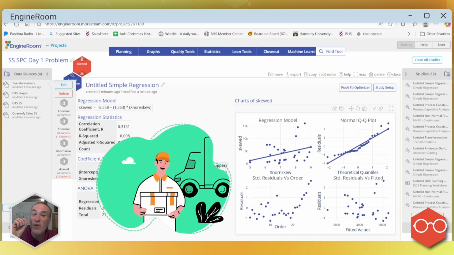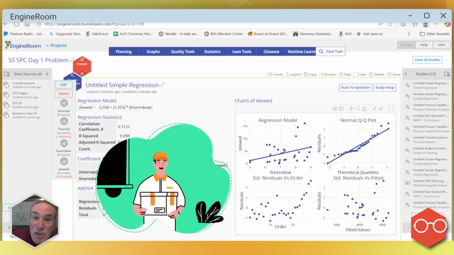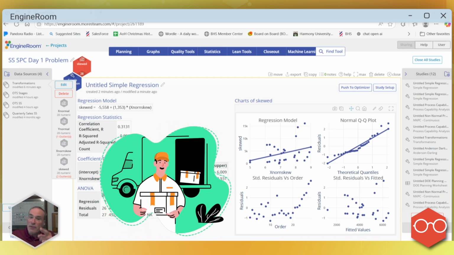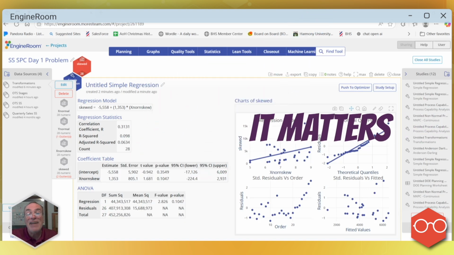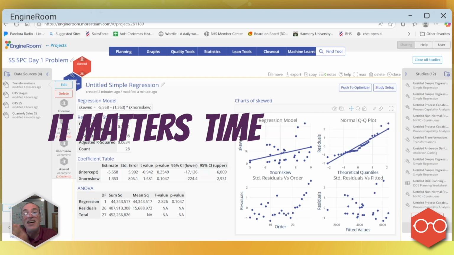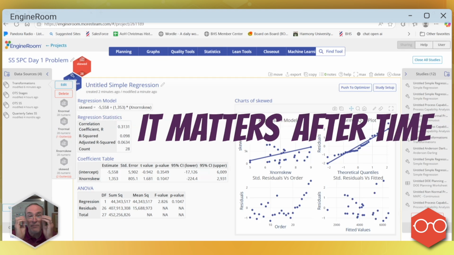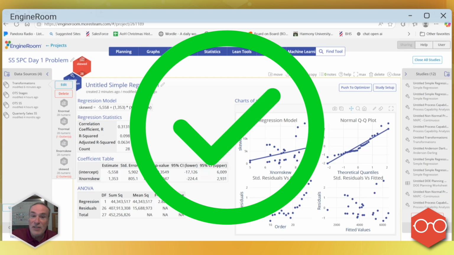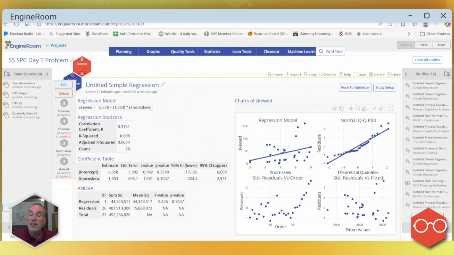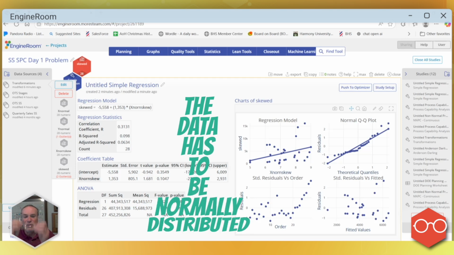Or how much bad product are we actually producing? And so that could be extremely important for your business. It matters if I'm going to analyze this time after time after time that my formulas are correct. And if you're going to use the CPK or PPK formula, then the data has to be normally distributed.